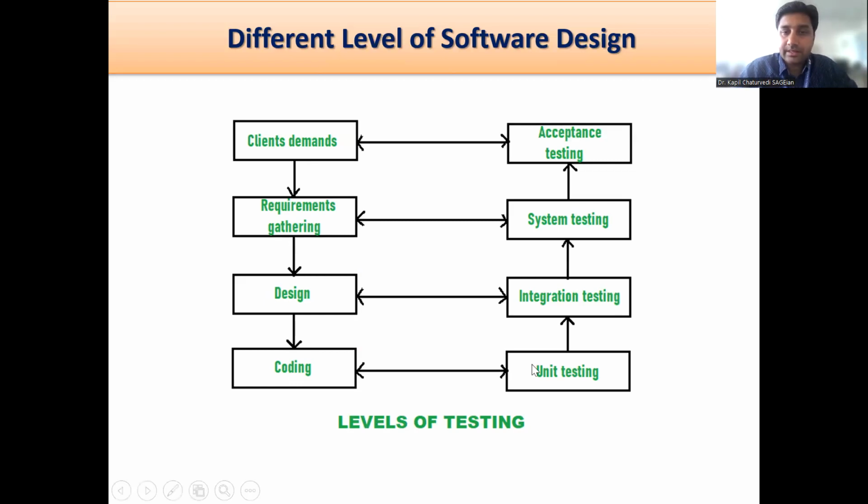Then we perform the testing. Unit testing means we will perform the testing on different modules. Then we will integrate all the units and perform the integration testing. System testing means whole testing along with the system, hardware, and network related issues, to test whether everything is going okay or not.